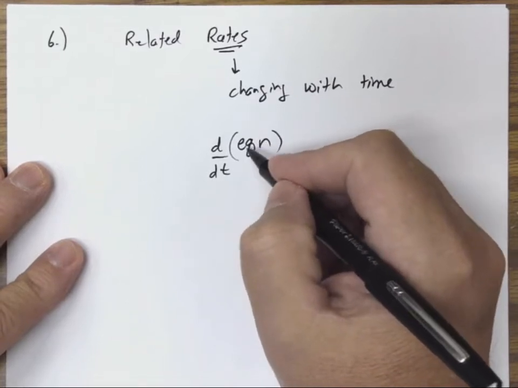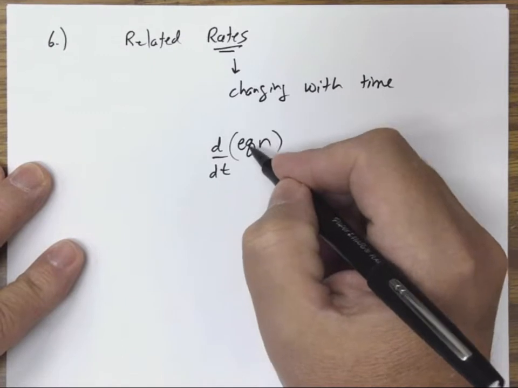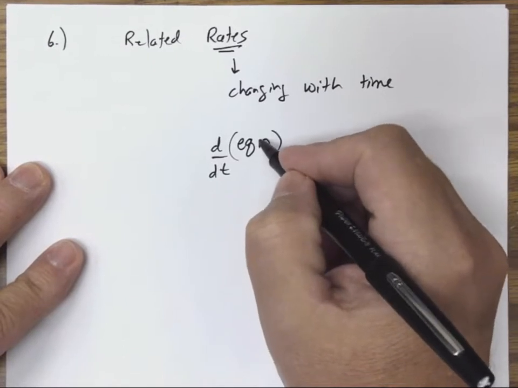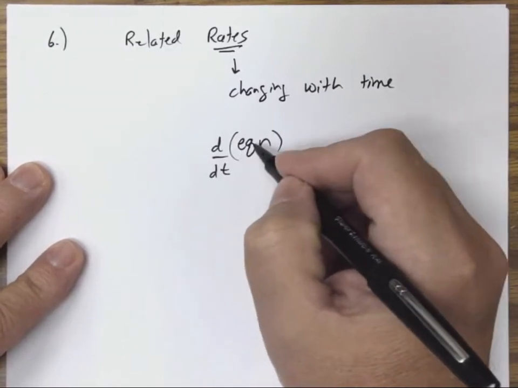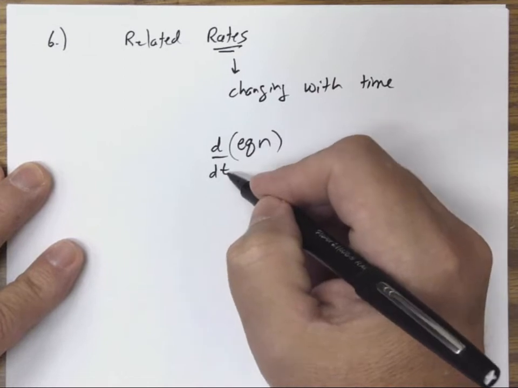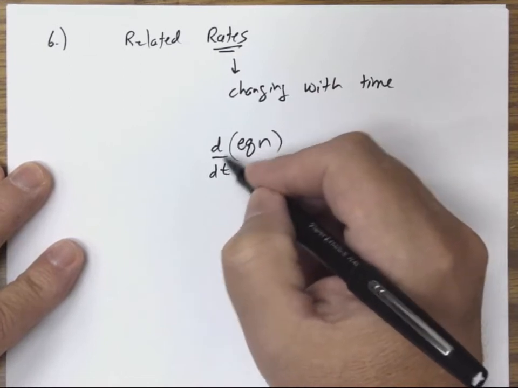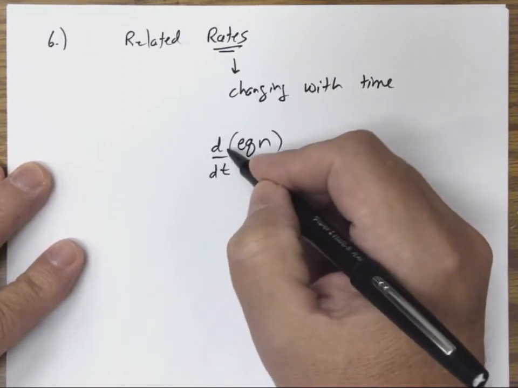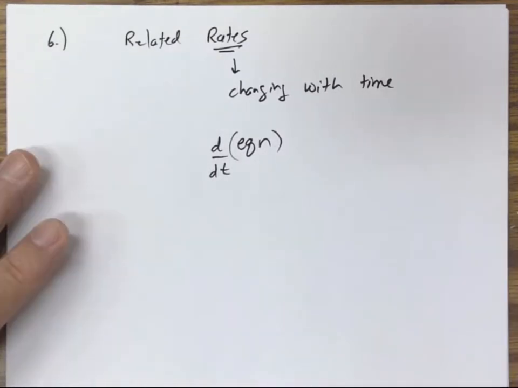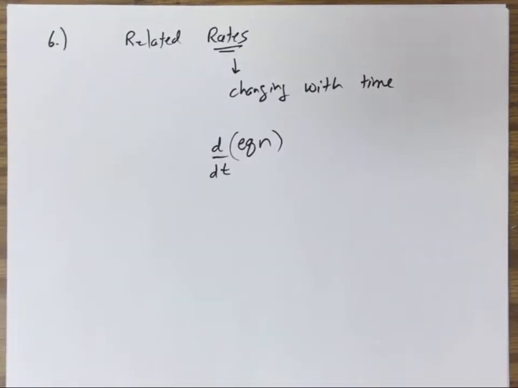So each time when we take the derivative of the equation, each of those variables, we have to think of implicit differentiation. In other words, we're going to have a bunch of dt's in the equation. Easiest thing is, I think, just to go ahead and do an example and then talk about what we're doing.